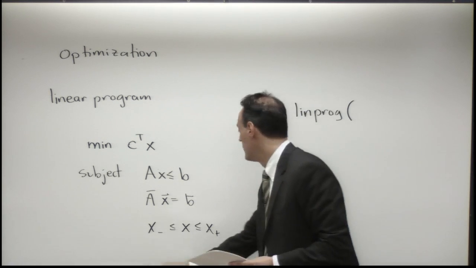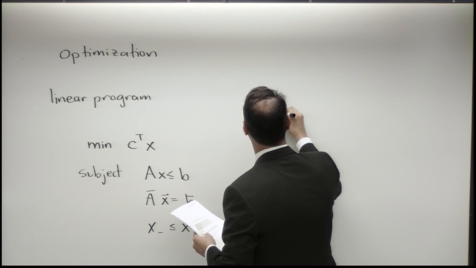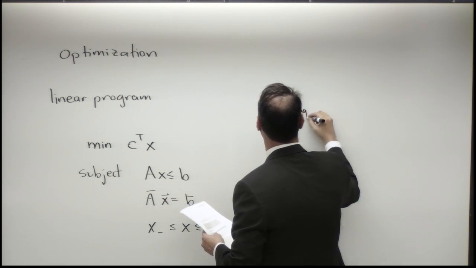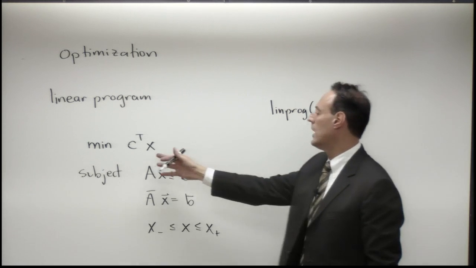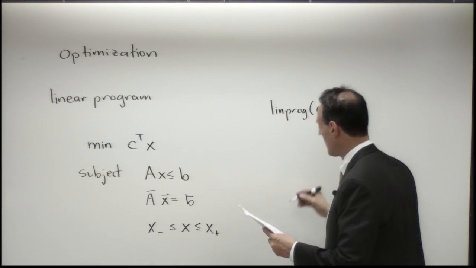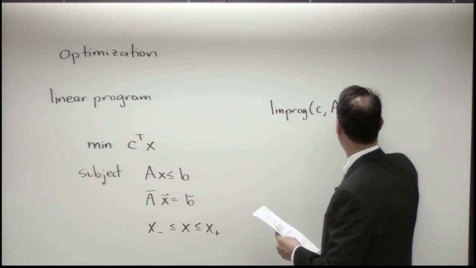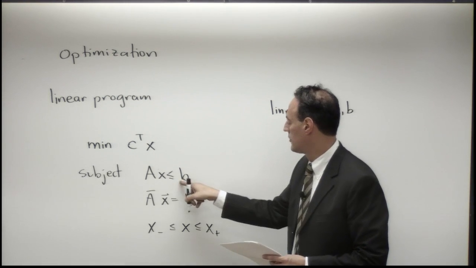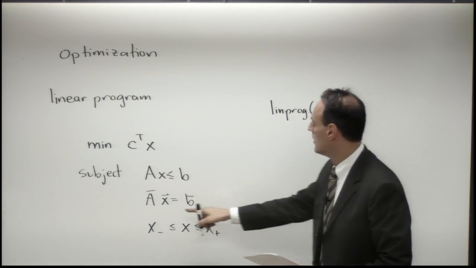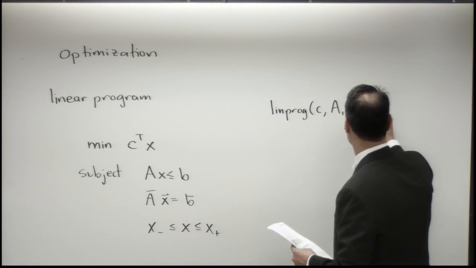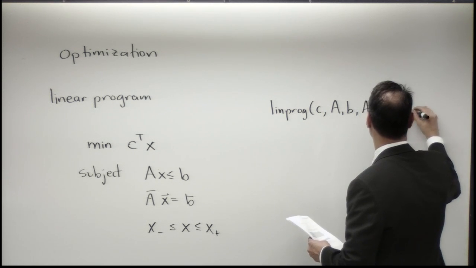So in linprog, when you call this function, let me move over a little bit. You'd call the function, and you'd send in c, which tells you how you're weighting your objective function. You send in your matrix A and vector b. You send in these inequality constraints. You send in your equality constraints, A hat, b hat.